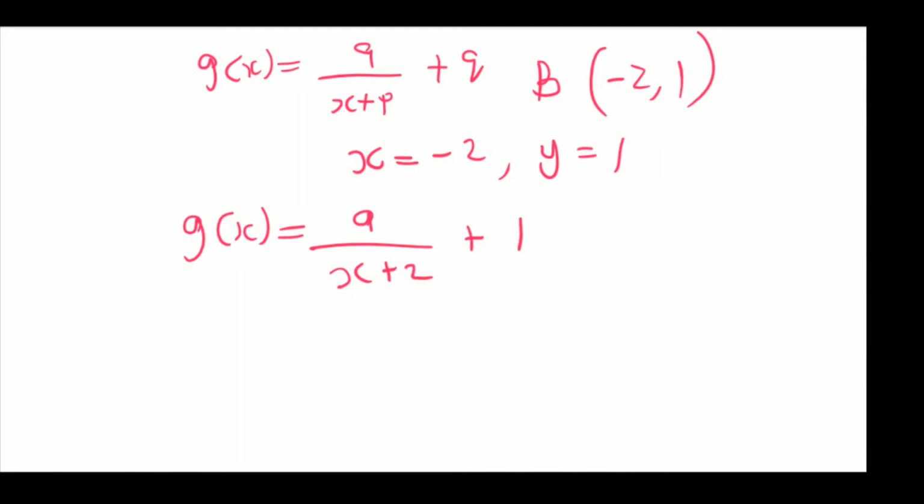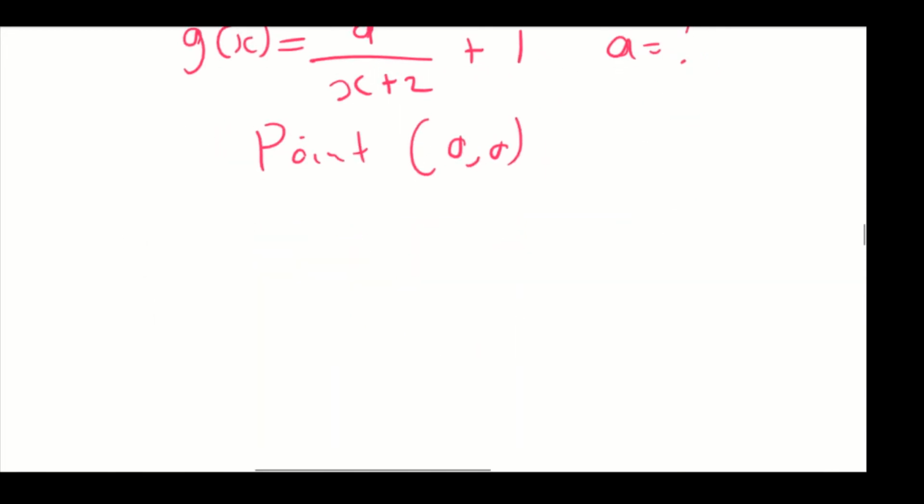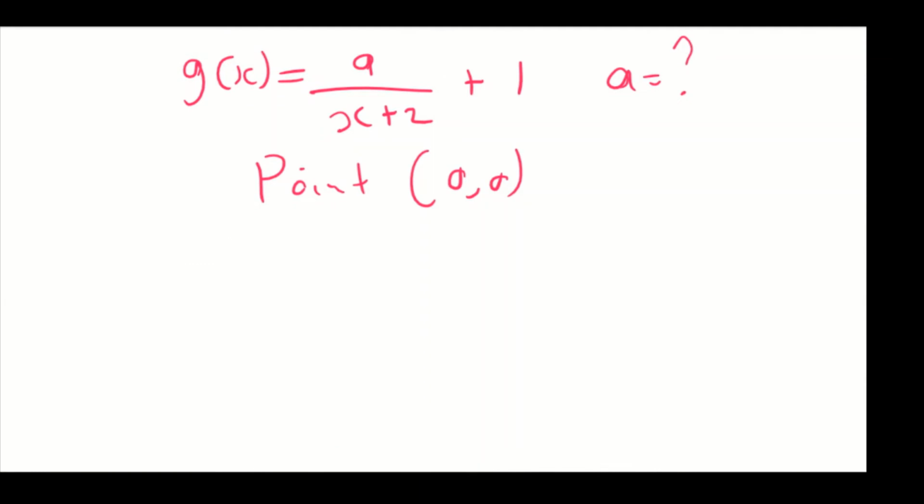So this is our graph, but it's not complete since we don't know the value of a. We need to substitute a point to really find the value of a. Remember that our graph passes through the origin, 0 and 0. So we substitute that point of 0 and 0. It's going to be 0 equals our a value over 0 plus 2, plus 1.